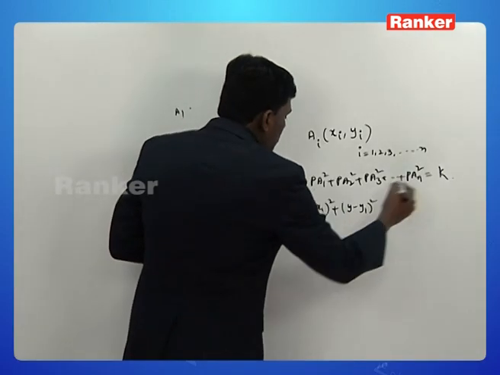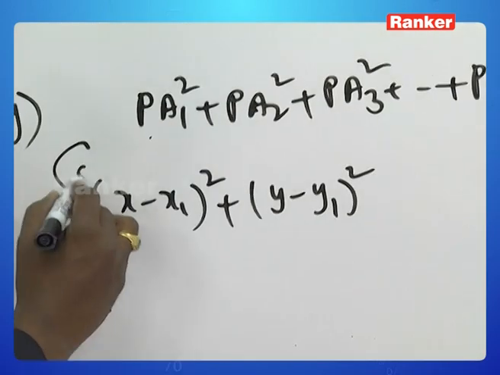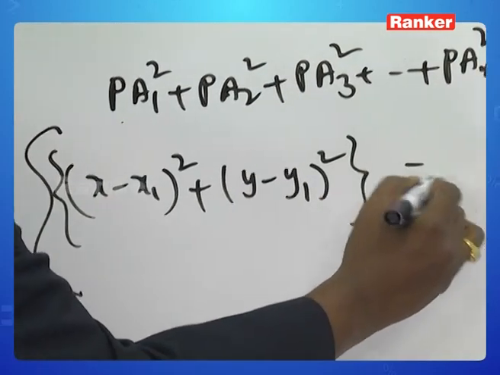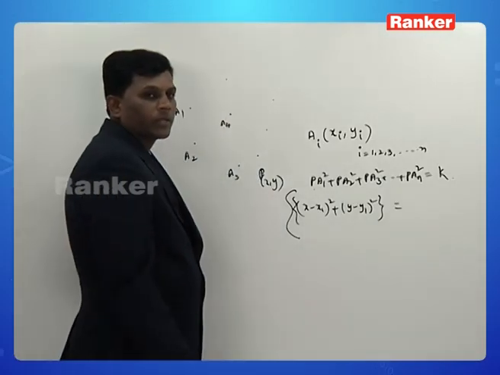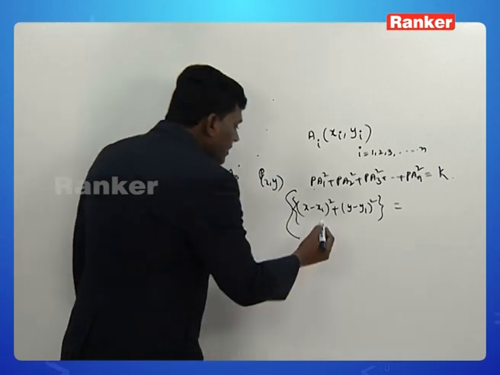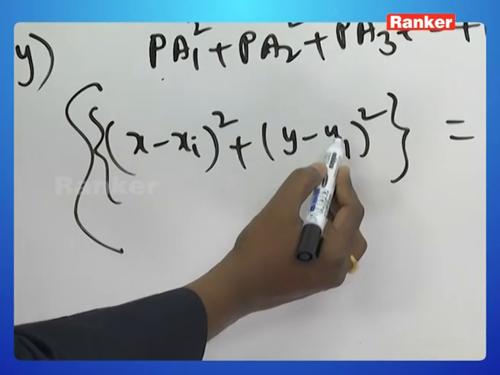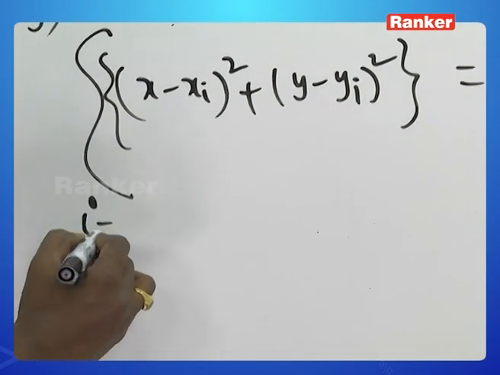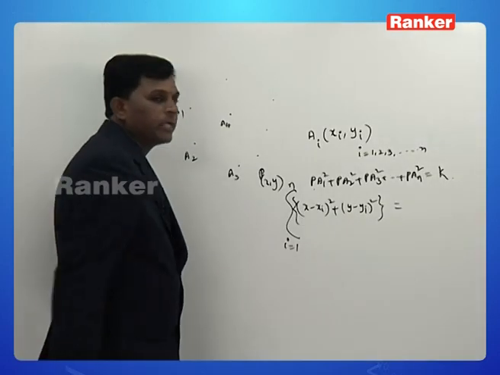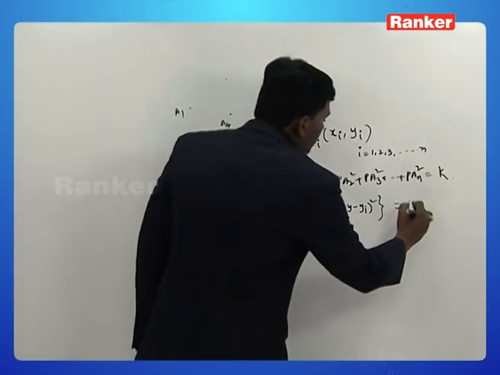Instead of writing this whole thing, why can't we take summation? Here we take i from 1 to n, equals K.